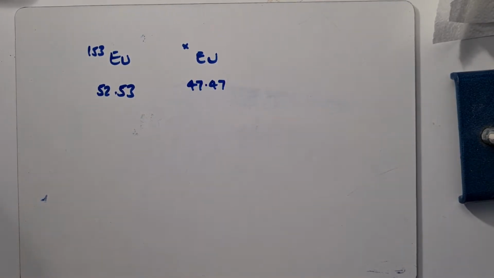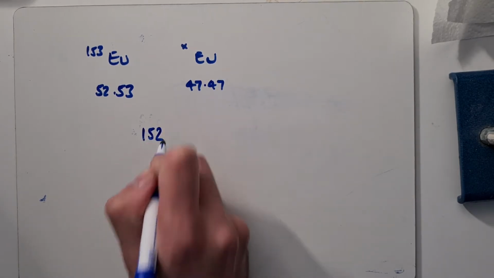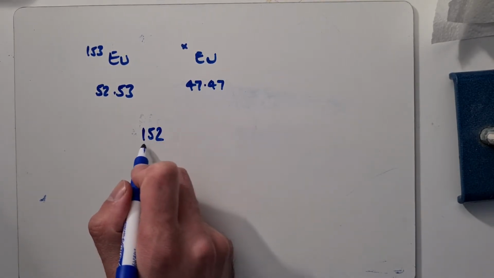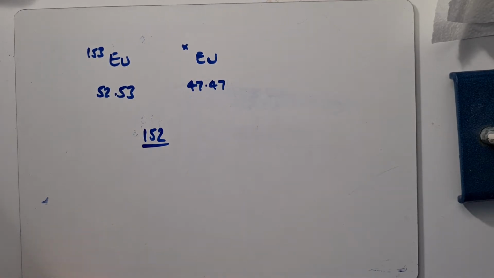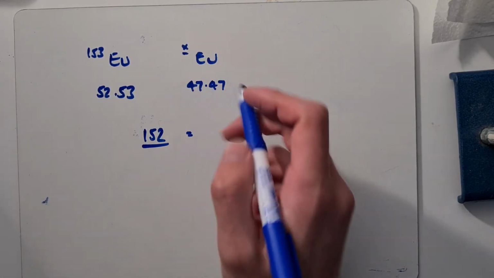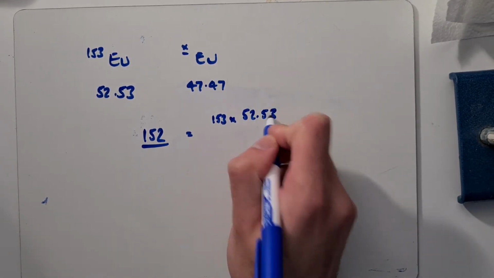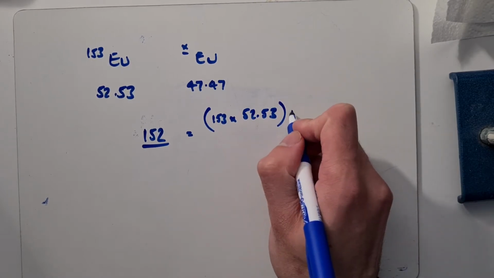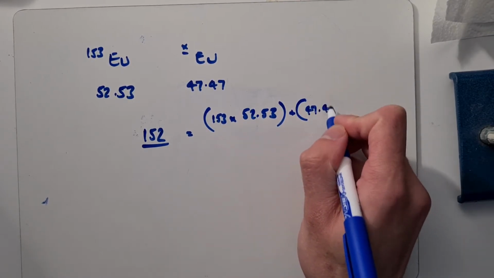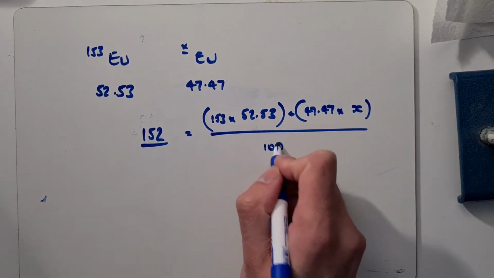Europium on the periodic table, Eu, has a relative atomic mass of 152. So we would find out this number by doing 153 times 52.53 plus 47.47 times our x, and dividing it all by 100.